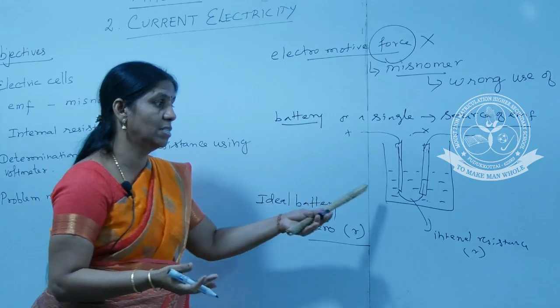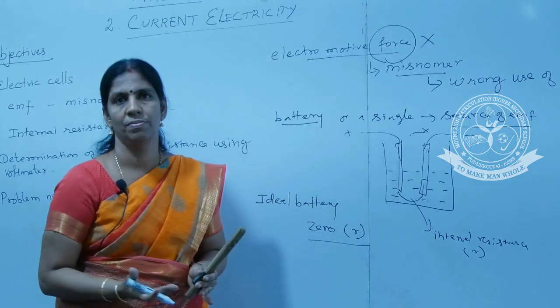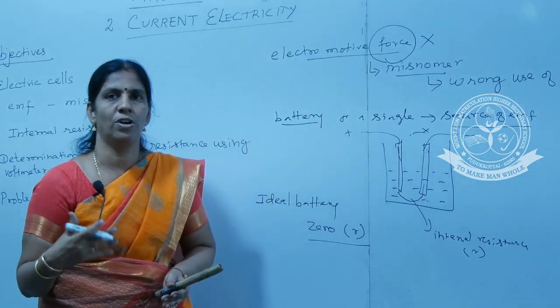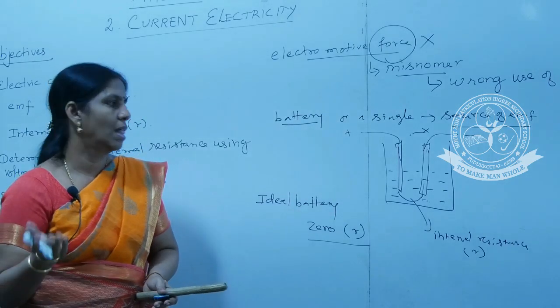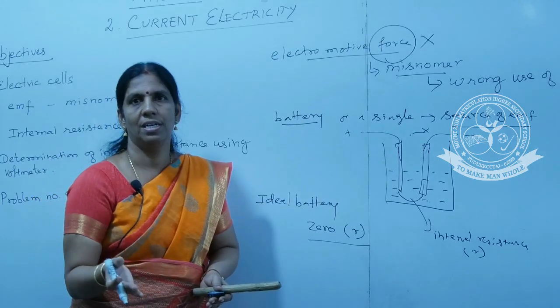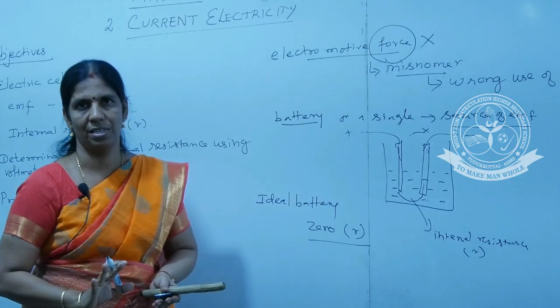But the internal resistance of a cell increases with aging. If it is used for long days, then its internal resistance increases. That may affect the terminal voltage of the battery.